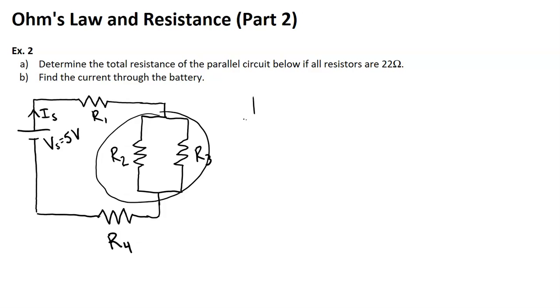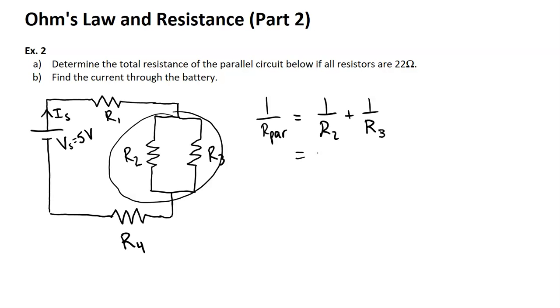We know that 1 over R parallel is equal to 1 over R2 plus 1 over R3. Now each of those resistors are the same, so I don't need to find a common denominator. I can just add them together because they already have a common denominator.